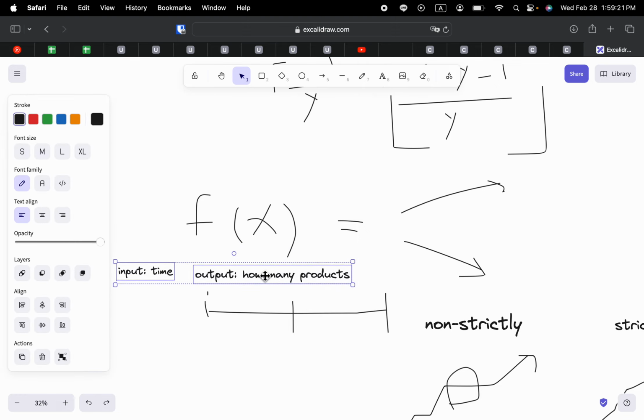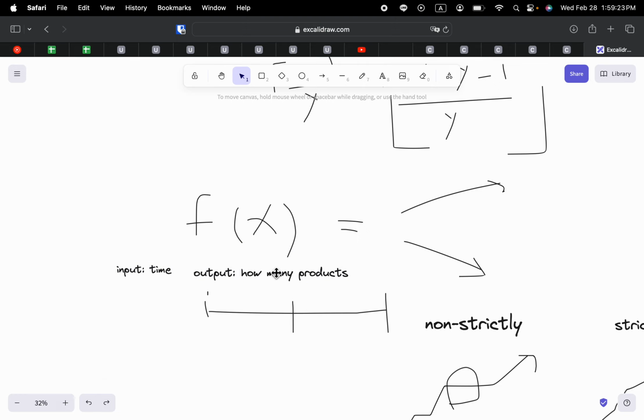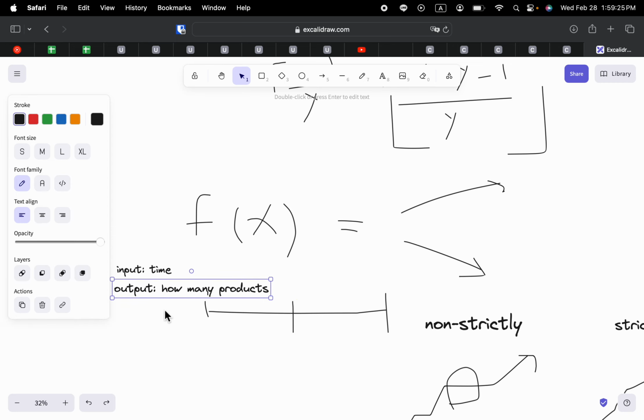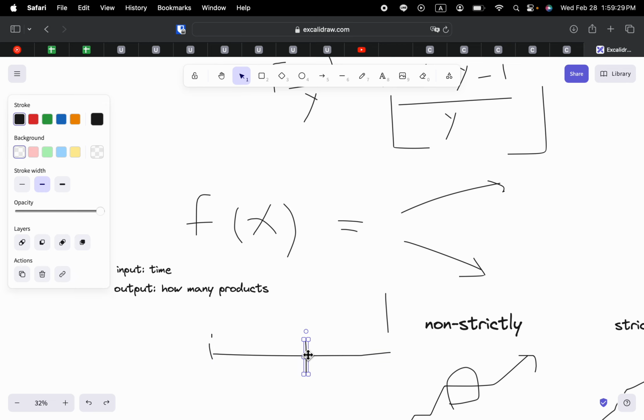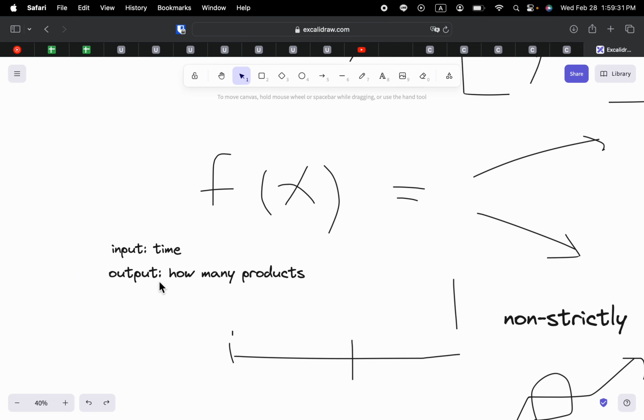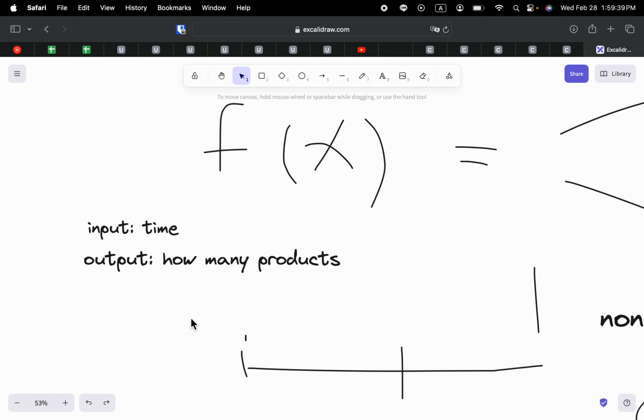So you just need to check any random value. Okay, so if you don't have enough products, then that means you need more time. Okay? And if you have enough or too many products, then you could have too much or the correct amount of time.